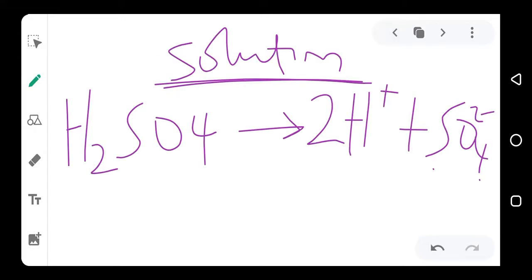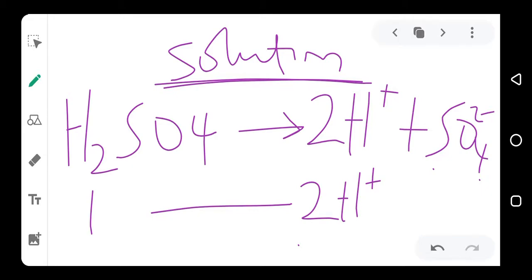In step 2, the equivalent concentration of hydrogen ion produced. Now, let's look at step 1 again. In step 1, we have 1 mole. This 1 mole is representing 1 molar concentration of this acid. It's giving us 2 molar concentration of hydrogen ion.